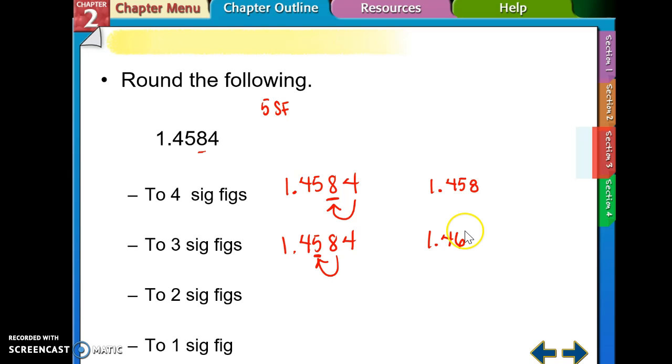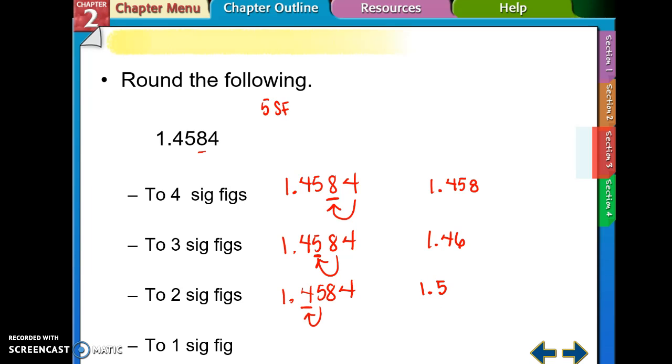If I'm rounding this to 2 significant figures, I'm going to take the 1.4584. I'm going to look at my 2nd significant figure, which is that 4. I'm going to look at that 5. How does it affect it? It would make it round up, so this will become 1.5.